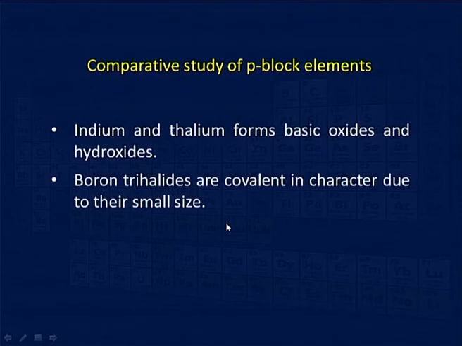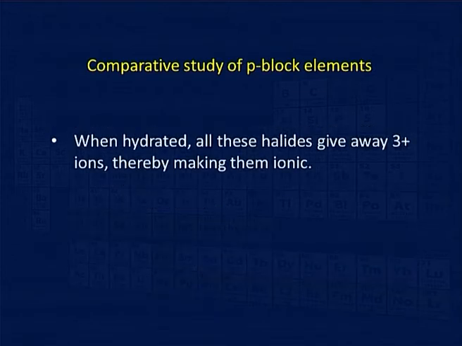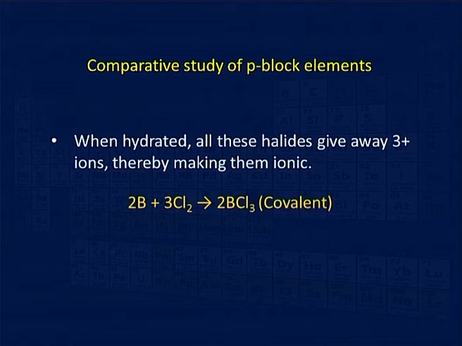Boron trihalides are covalent in character due to their small size. Fluorides of aluminum, gallium, indium and thallium are all ionic in nature, while other halides like chloride, bromide and iodides are covalent and anhydrous in nature. When hydrated, all these halides give away +3 ions, thereby making them ionic in nature.